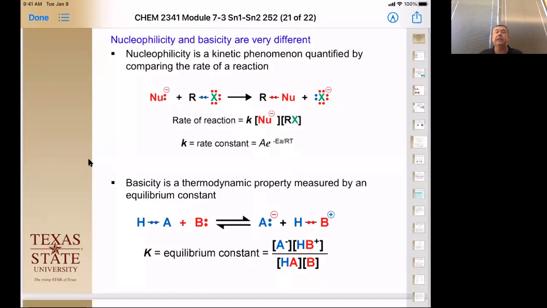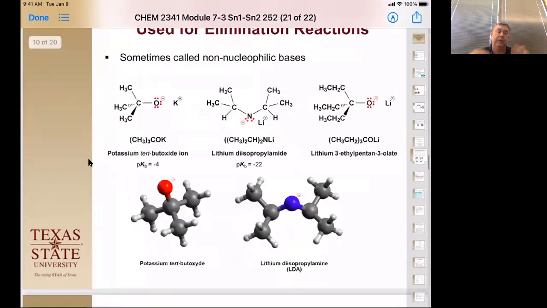So what's going to happen is things are going to happen real quick, and then they're going to find some balance between your conjugate acid and your conjugate base, and your acid and your base. And that's where that concentration is going to stay. Okay, that means basicity is your thermodynamic idea here. So nucleophilicity is our kinetic product. Basicity is our thermodynamic product, okay, or an effect.